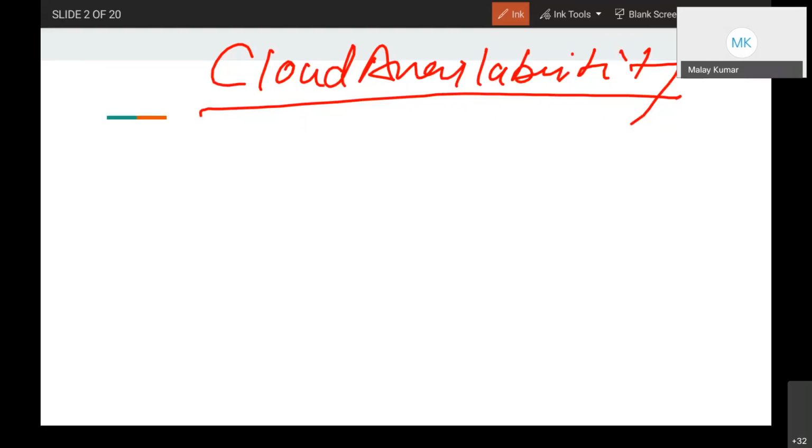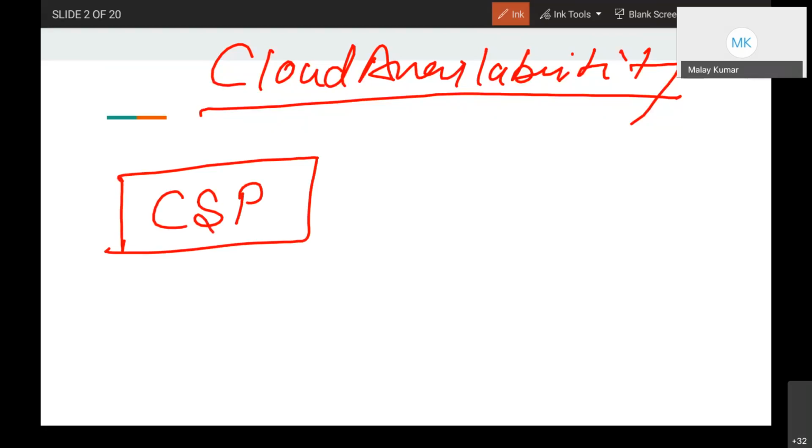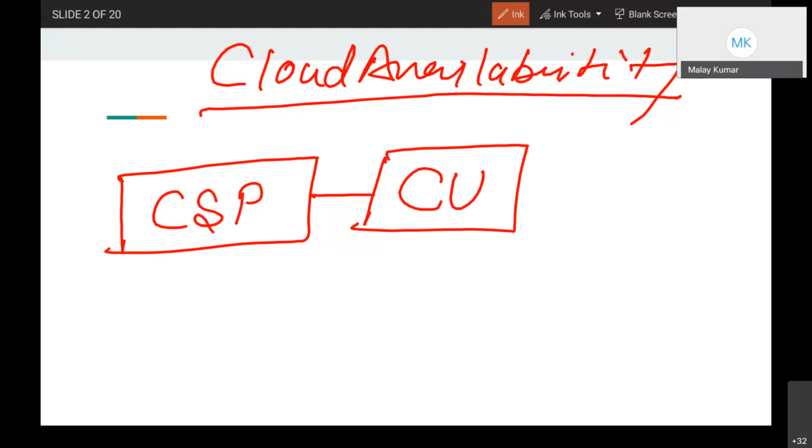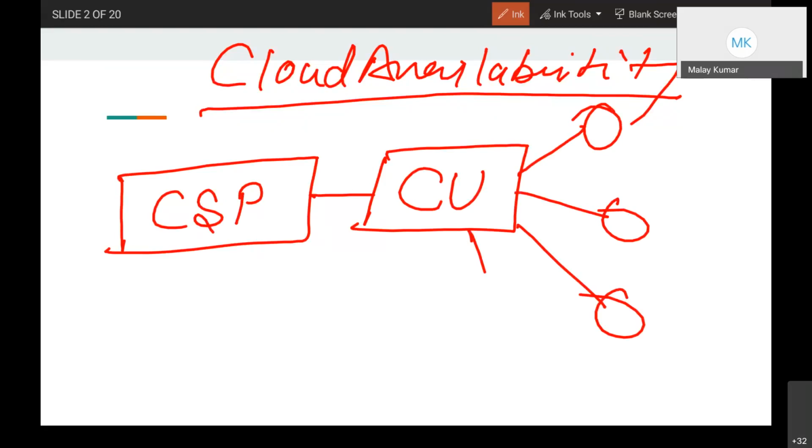Here there is the cloud service provider, then there is a cloud user, and there are multiple clients.